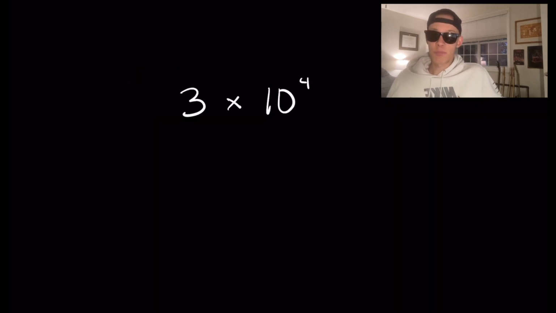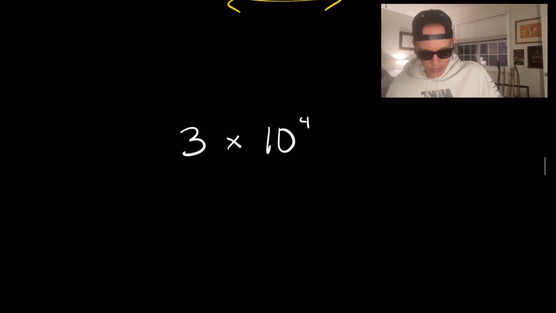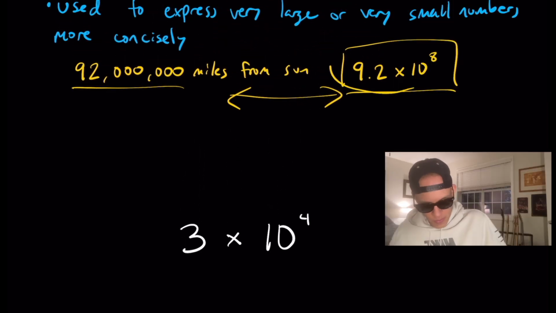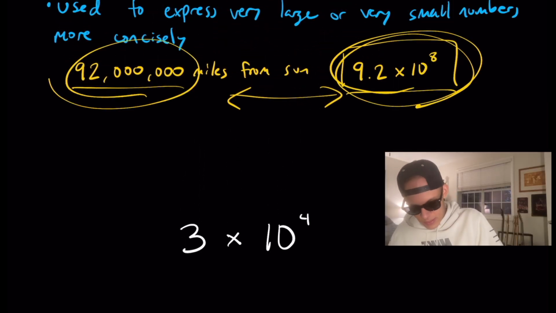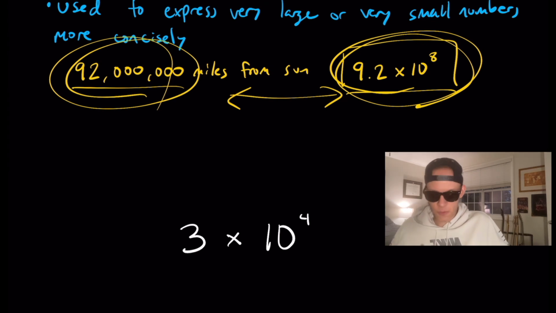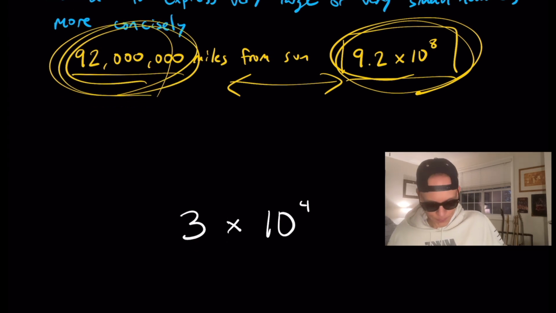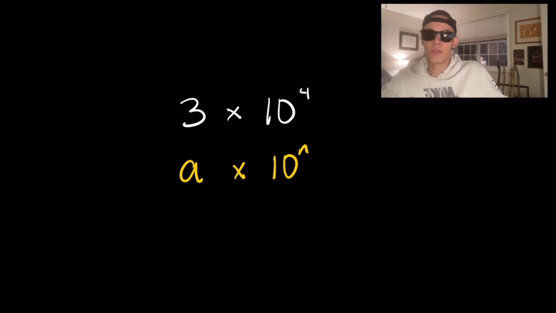The first thing we're going to do is practice going from scientific notation form to standard form. Looking at the last example, we want to go from this to this: scientific notation form to a regular old number. This example is definitely in scientific notation form because I have some number times 10 raised to some power.